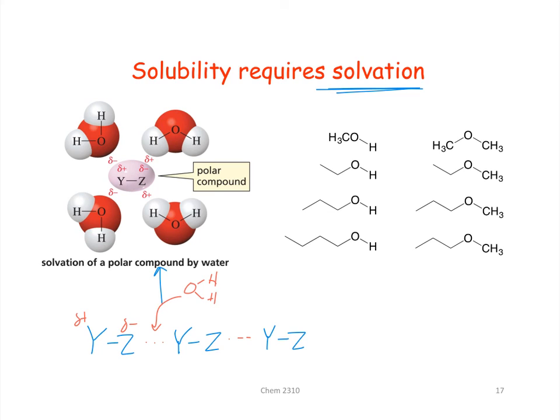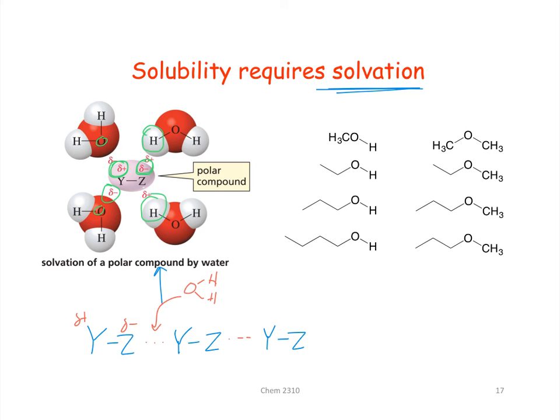Okay? So let's look at this. Here we have the Z group with its delta minus, and notice how water is surrounding it. It's the hydrogen, the delta plus end of water, here and here, which is being aligned toward the delta minus end of this molecule. And the delta plus end of the molecule is being surrounded by the delta minus end, the oxygen, of water molecules.